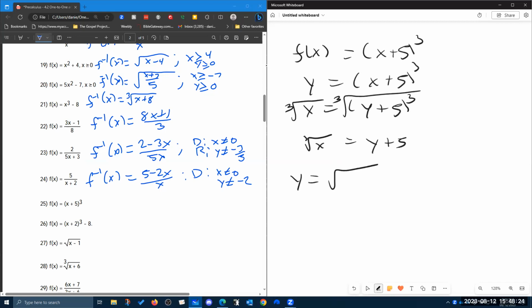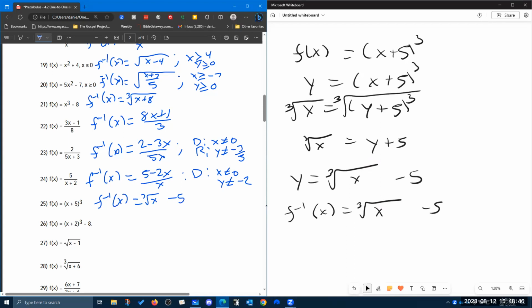Y is equal to the cube root of x with a -5 on the outside. F inverse of x is equal to the cube root of x minus 5. Careful that you show clearly that the -5 is on the outside. There's no restrictions on that.